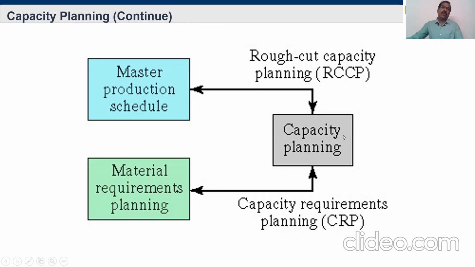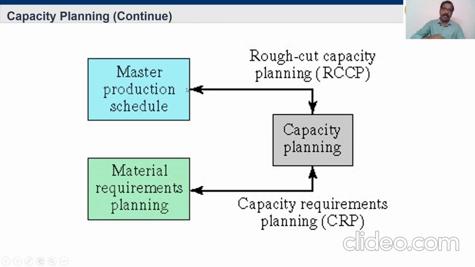That number is sent to the master production schedule. The master production schedule then accumulates it: variant A needs this many, variant B, variant C, variants 1 to 10, how many cars are needed and what raw materials are needed. Then it is sent to aggregate planning.